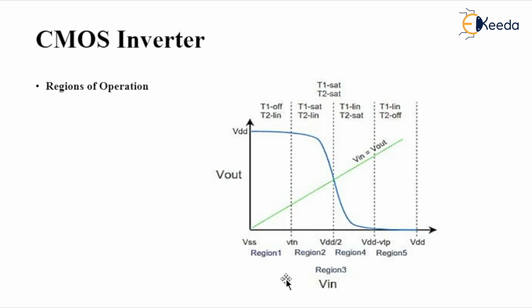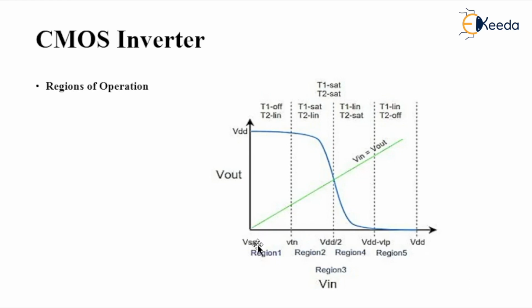See here at 0 Vin. This is the x-axis and this one is the y-axis. On the x-axis is the input. When the input is 0, the output is VDD. When the input is VDD, the output is 0. So it is simply inverting. When Vin is 0, the output is VDD, meaning logic 1. When Vin is VDD or plus 5 volts, the output is at 0 potential.